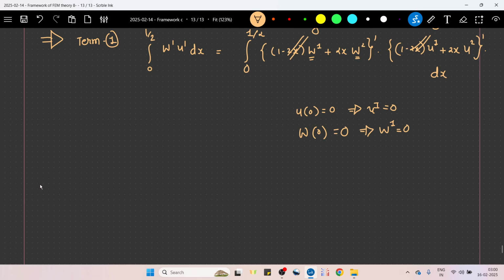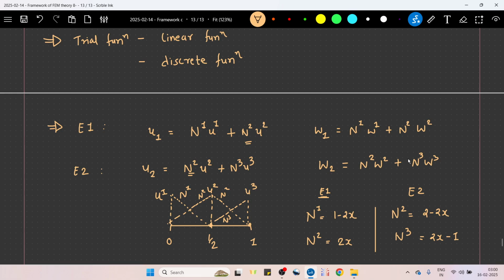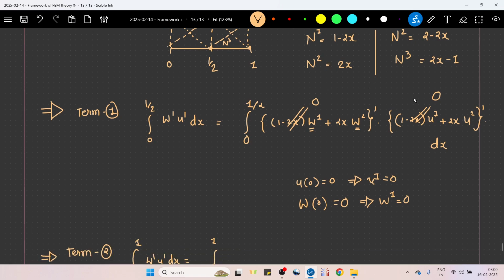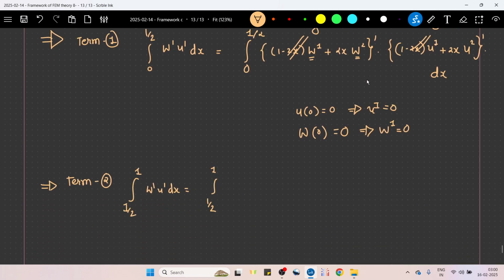Now I will take term 2, which is the same, but the integral over 1 by 2 to 1 of w dash u dash dx. This time w will be n2 w2 plus n3 w3, and u is n2 u2 plus n3 u3, so 2 minus 2x and 2x minus 1.